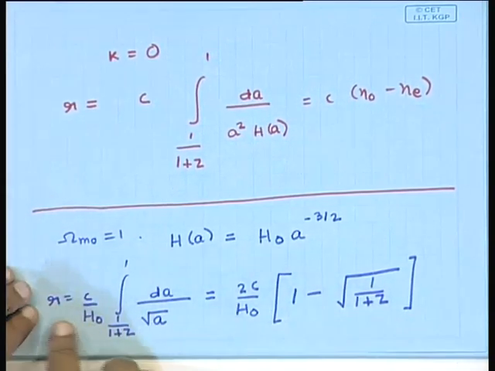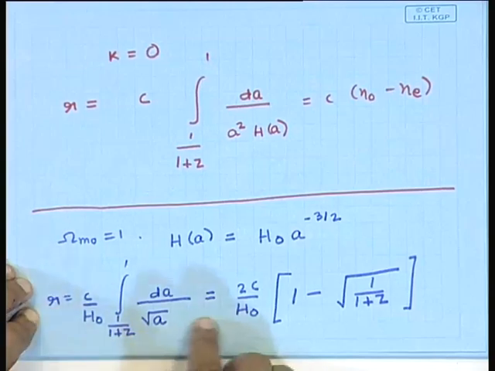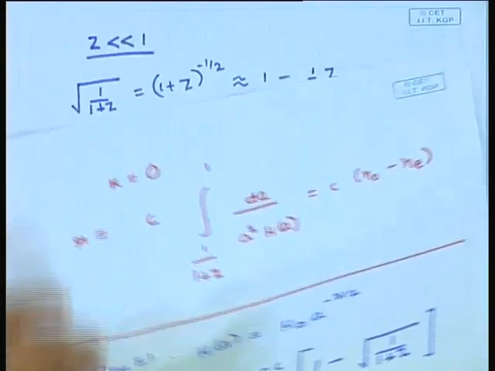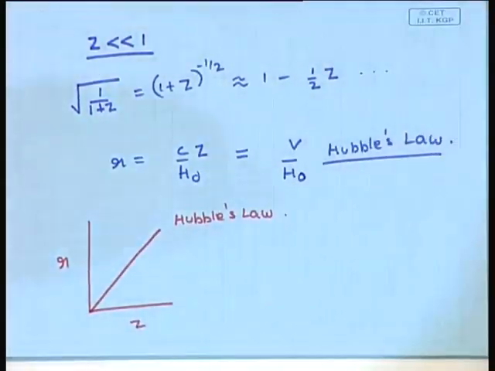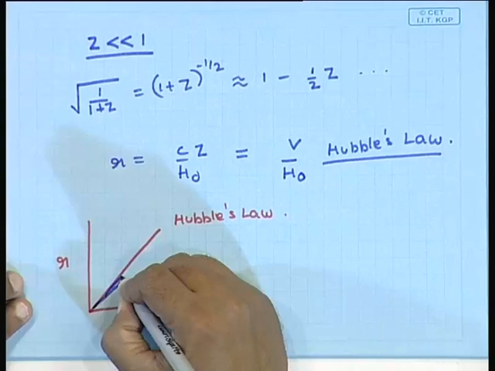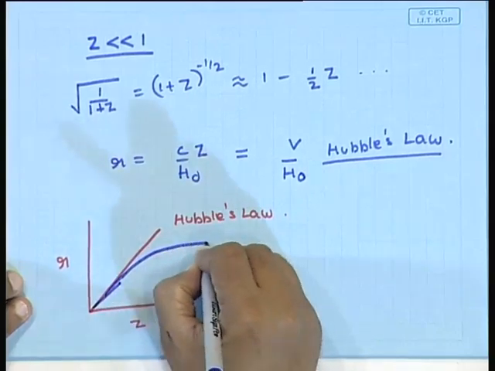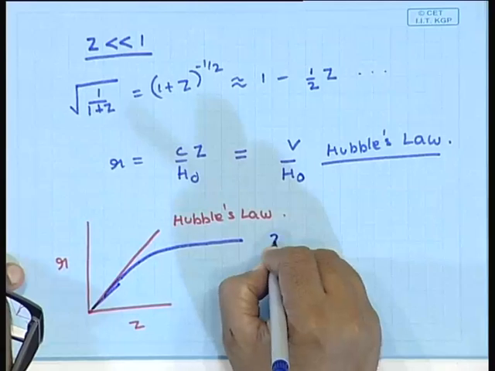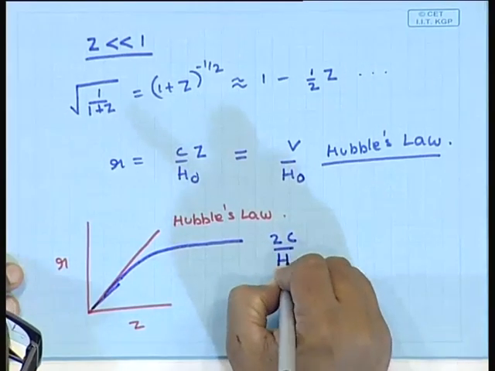So, at large redshifts the coordinate distance saturates at the value 2 c by h naught. So, it flattens out instead of increasing linearly at large redshifts. The deviations start at a redshift of around 1, and then at large redshifts it flattens out to a value 2 c by h naught.